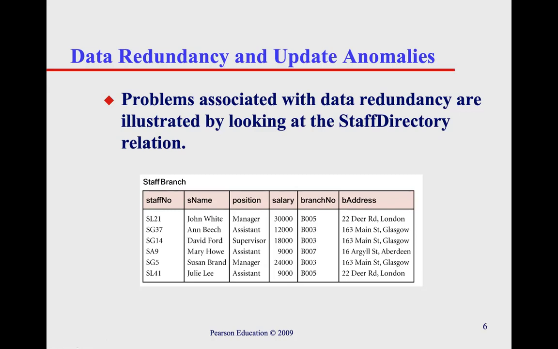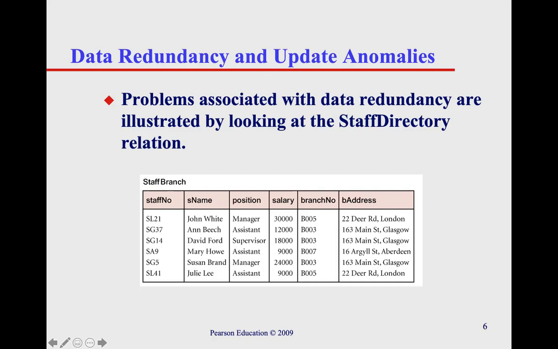There's another type of anomaly called an insert anomaly. Let's say that this is the only place where I am keeping information about branch addresses, and that I start building a new branch, but it doesn't yet have any staff.